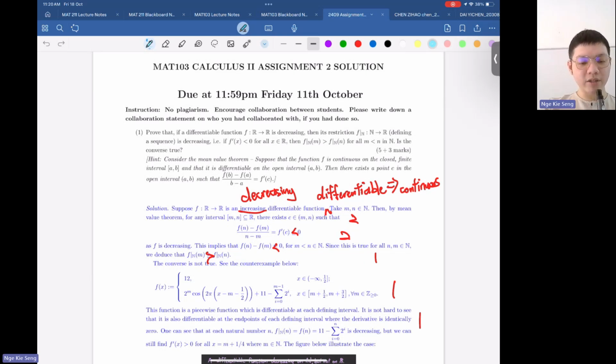Last time we had 4 high scorers around 29 or 30, with full marks being 30. They were Ziying, Isaac, Bumping, and Chung Xiang.